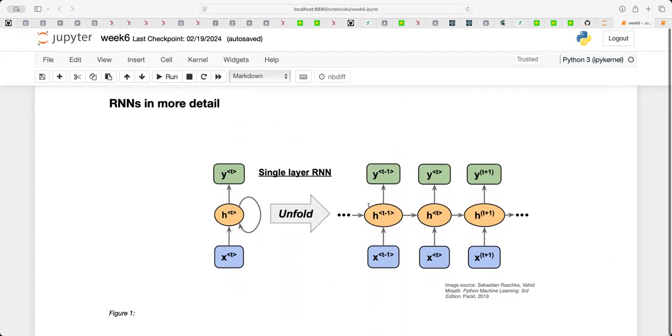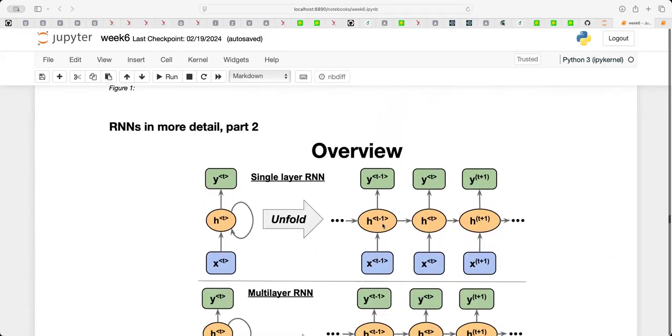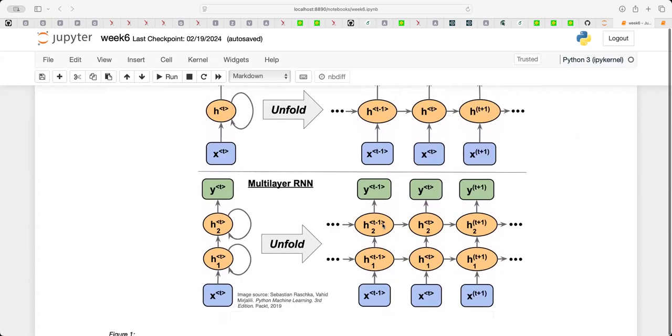You would have in every time step just one single layer with a given number of neurons. But there is nothing which hinders you in having a so-called multi-layer network. It means that at every time step you can now have one hidden layer, so you can make this deeper and deeper.